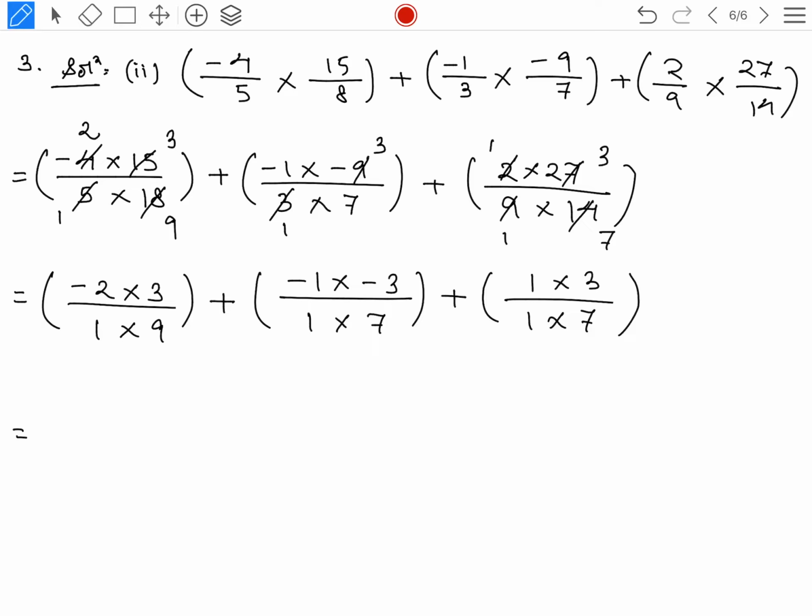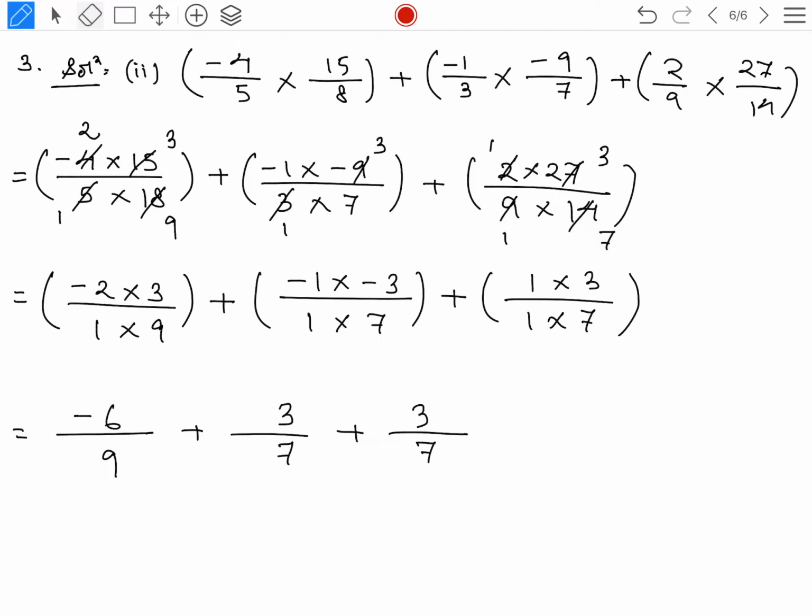Understood? Next step, multiply minus 2 into 3 means minus 6, then 1 into 9 means 9, then minus and minus it will become plus, yes or no, 3 by 7. Understood? Then plus 3 by 7.